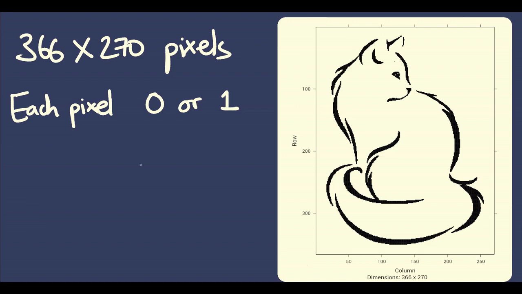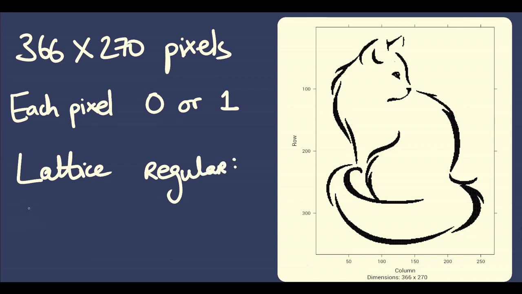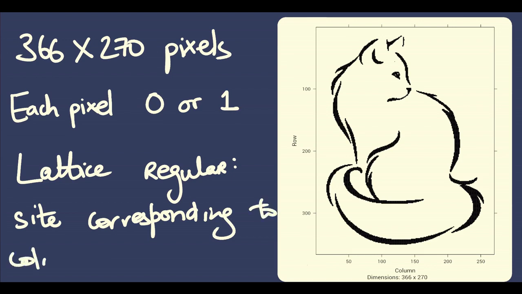Let's think about how we would represent this notationally. Our pixels are arranged along a neat grid, so that suggests we could use a lattice. We could have a site on the lattice corresponding to a color, white for 0 and black for 1.